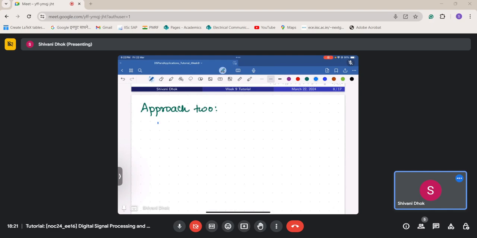Still, let's do it. So we had found out V of omega as sine of omega by 2 into n plus 1 upon sine of omega by 2.